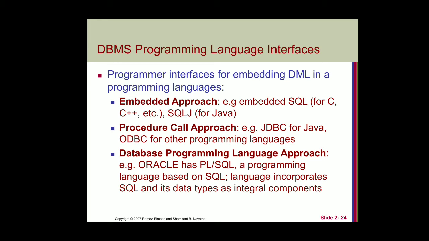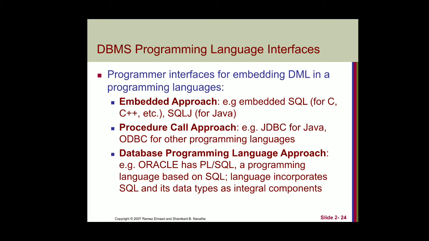Suppose you are making use of C or C++, then we can make use of normal SQL over there. Then SQLJ is used for Java. Suppose you are making use of the host language Java, then the SQLJ approach is used for the embedded approach. Then we have the procedural call approach.